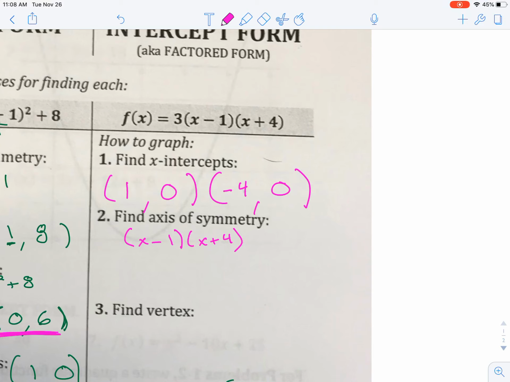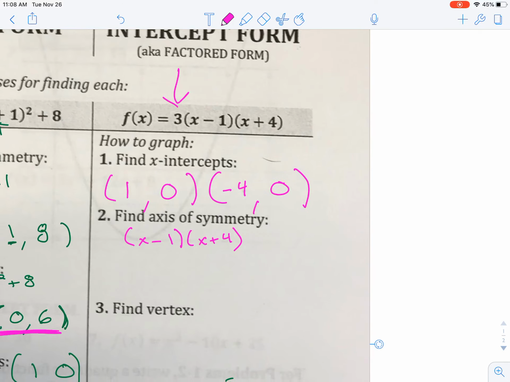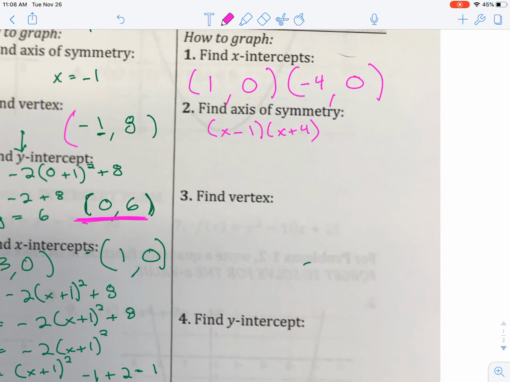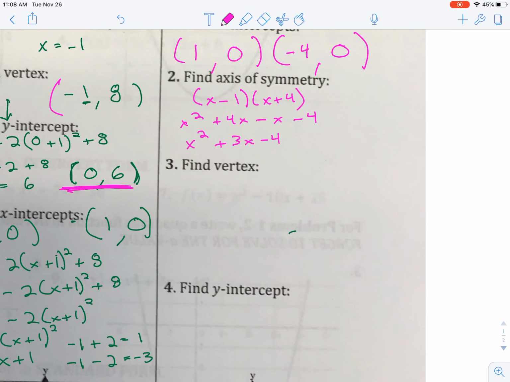So I'm going to FOIL that, and then after I get it, I'm going to triple it. Let's see how that goes. So when I FOIL this, I get x squared plus 4x minus x minus 4, and then I get x squared plus 3x minus 4. Now all that stuff is times 3.